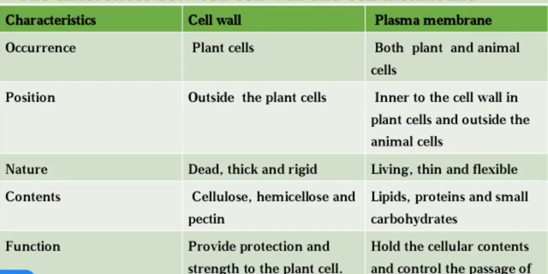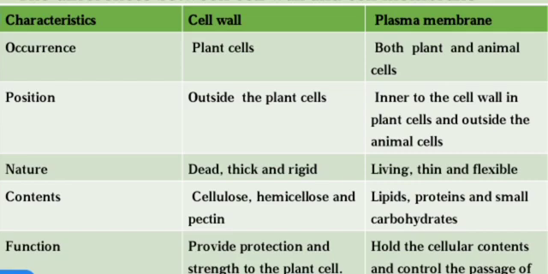So I hope all of you understood this class. Students, for today's assignment, please take the questions. The first one is write a note on the cell wall. The second question is write the functions of the cell wall.